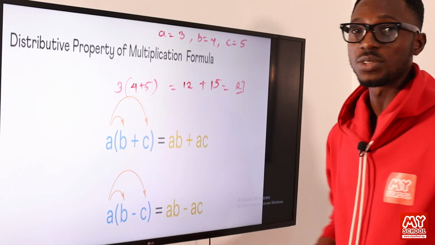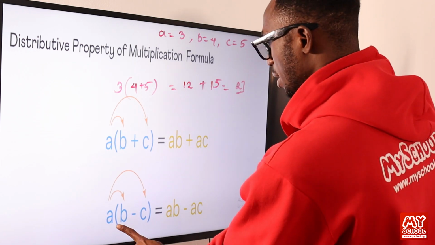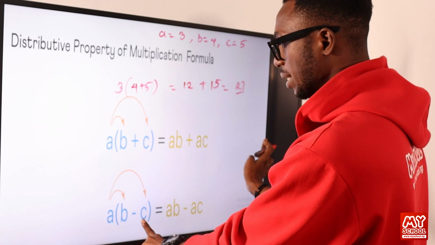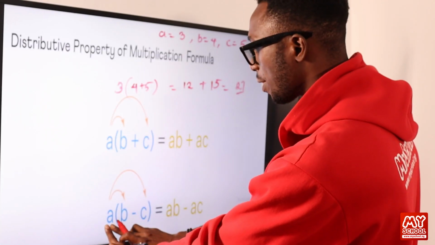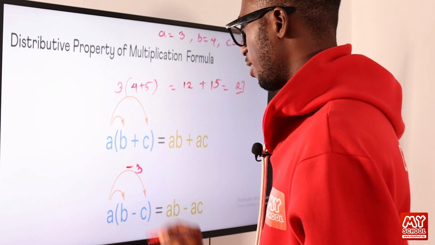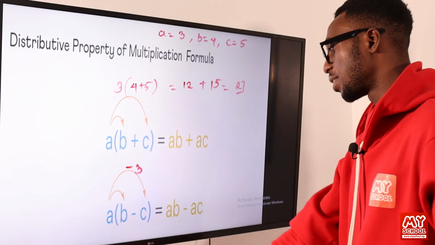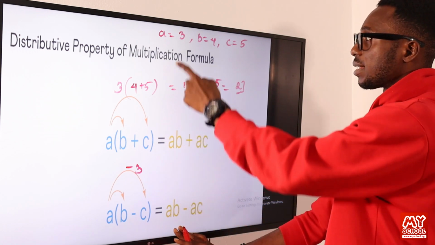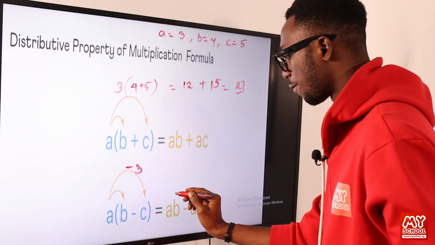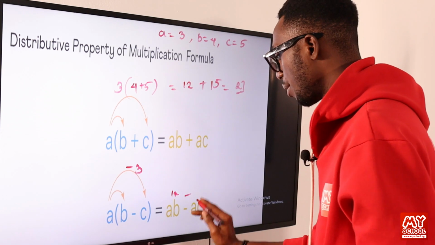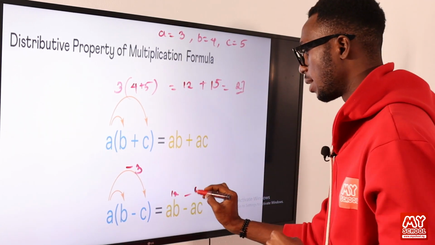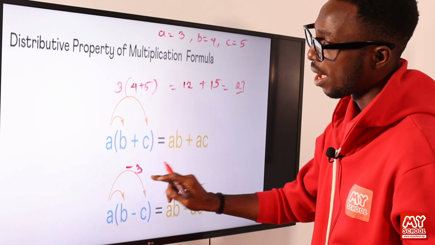Let's run a confirmation as well for subtraction. So I have B minus C, that is 4 minus 5. That is minus 1. So minus 1 times 3, I have minus 3. So that's the confirmation for this side. Let's run the confirmation here as well. I have A times B, that is 3 times 4, that is 12, minus A times C, that is 3 times 5, that is 15. 12 minus 15, that is of course minus 3.